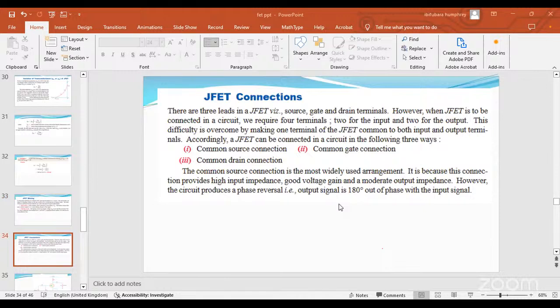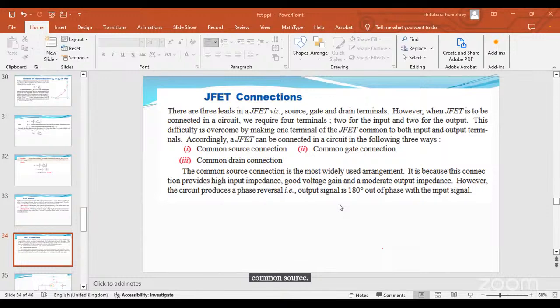So connections: unlike BJT, where we have common emitter, common collector, and common base, for JFET we have common source, common gate, and common drain. However, the most commonly used is common source.